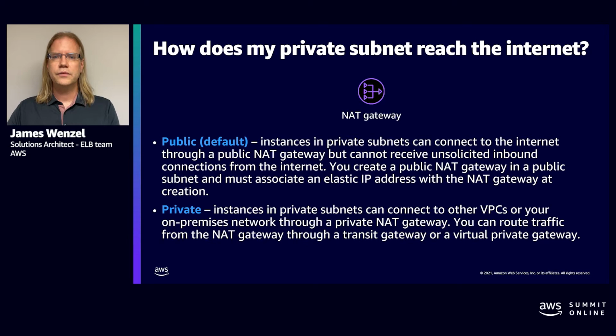Another thing that we've released, which is newer, is the ability to do private NAT gateways. Instead of going back and forth to the internet, the private NAT gateway will allow you to actually go back and forth to different parts of your workloads or your constructs. If you have multiple VPCs or other connectivity through, say, something like a transit gateway, and maybe a merger had happened and someone has the same overlapping IP blocks as you do, it's very difficult to actually have that connectivity take place.